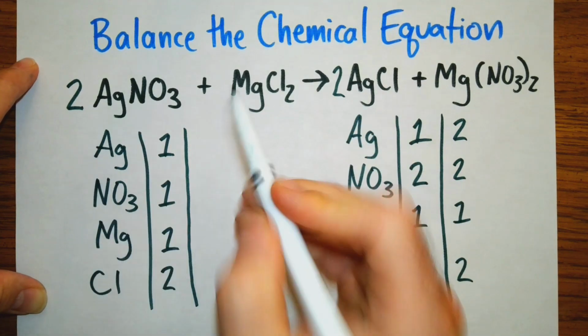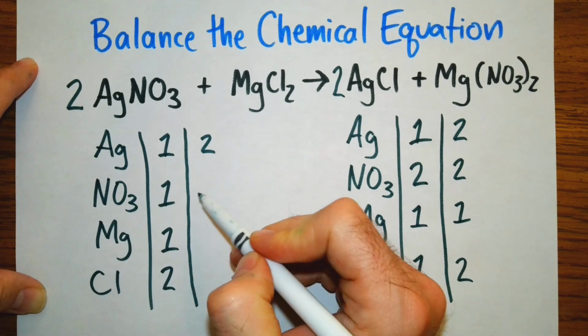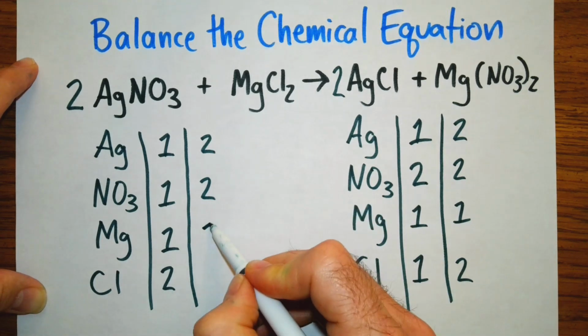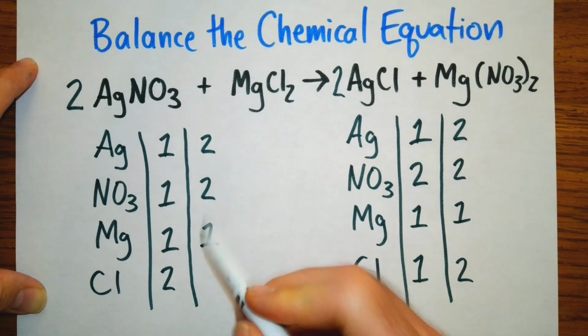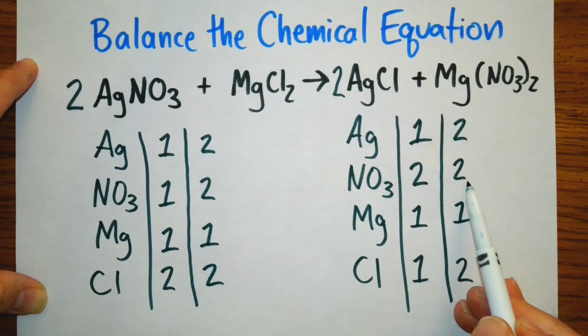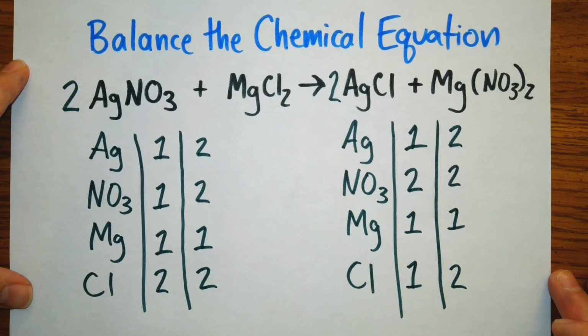So if I put a coefficient of 2 here, we now have 2 silvers. We have 2 of the NO3 groups. We still have 1 magnesium, and we still have 2 chlorines. Now let's see if they match. 2 silvers on both sides, 2 NO3s on both sides, 1 magnesium on both sides, 2 chlorines on both sides. So we have now balanced this chemical equation.